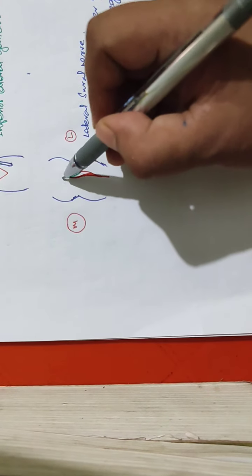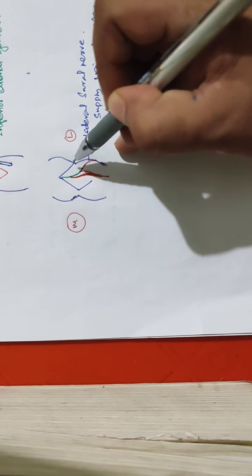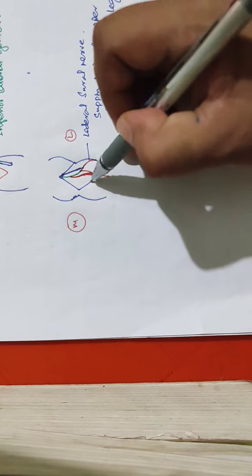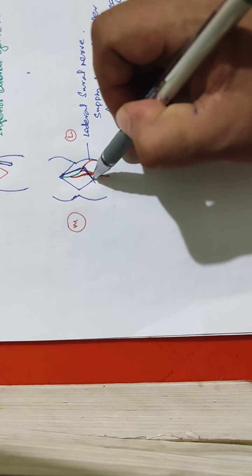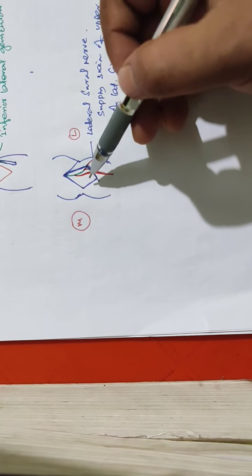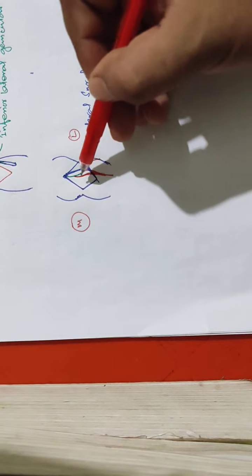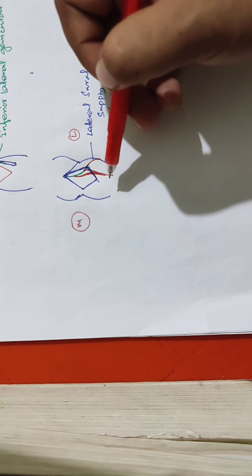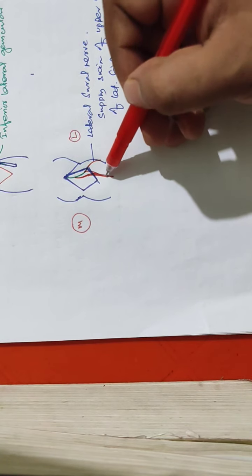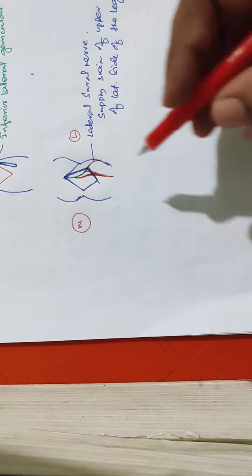This is the popliteal fossa. From the upper part of the popliteal fossa, it runs downwards on the posterolateral aspect of the calf, that means the calf muscle, and joins with the sural nerve.